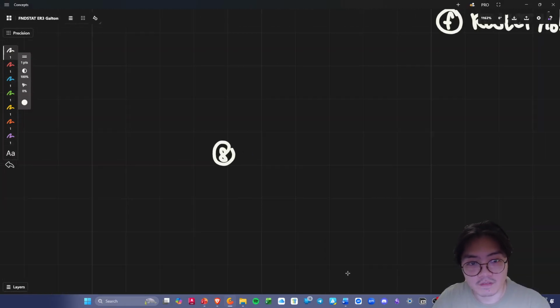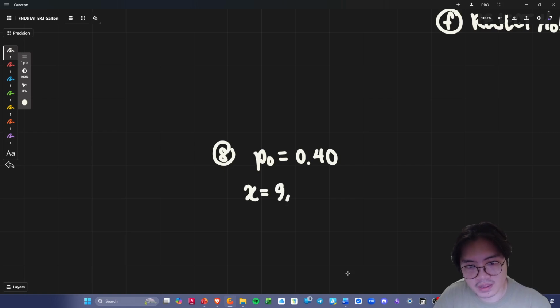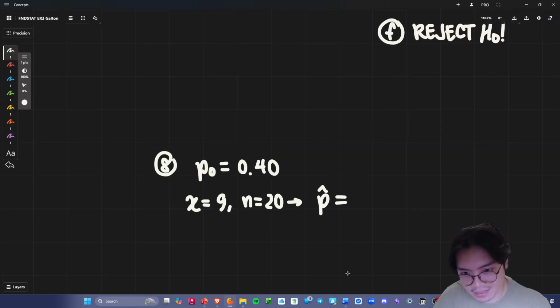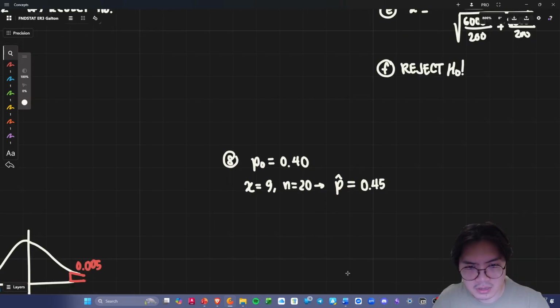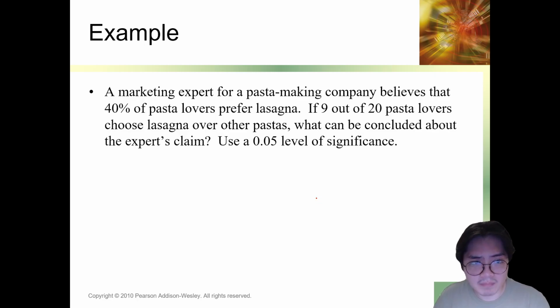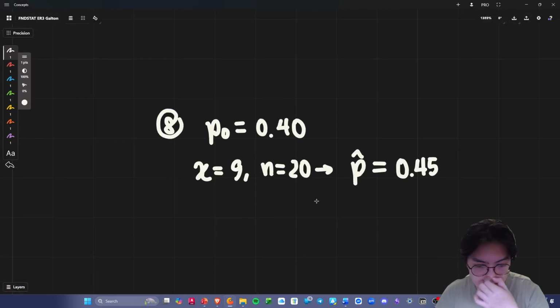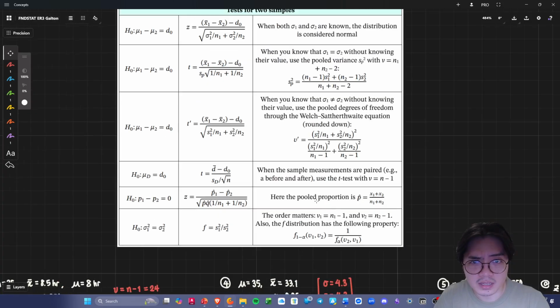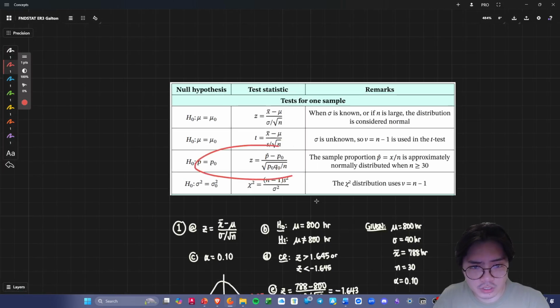We have here 40%. A number of people, 9 out of 20, means that their p hat, the estimate for the proportion, is 9 over 20, which is 0.45. Now we could make our mean and variance as well, but I think that's enough because this is one population. One population, we just need the z test.